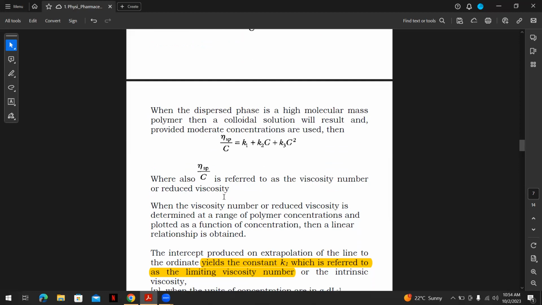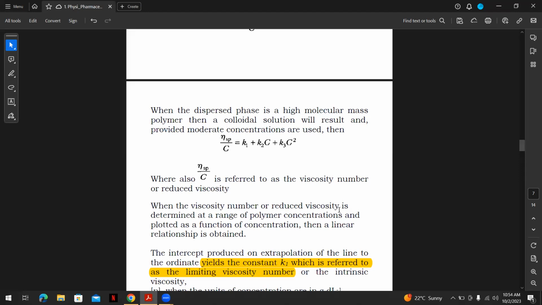This value of specific viscosity over the concentration is referred to as the viscosity number or reduced viscosity.